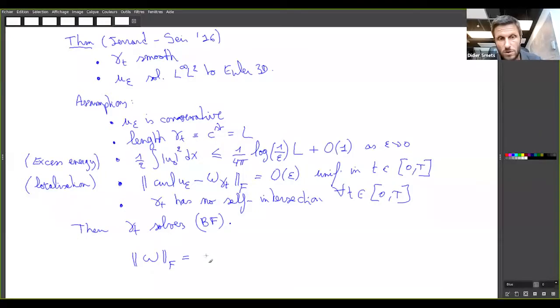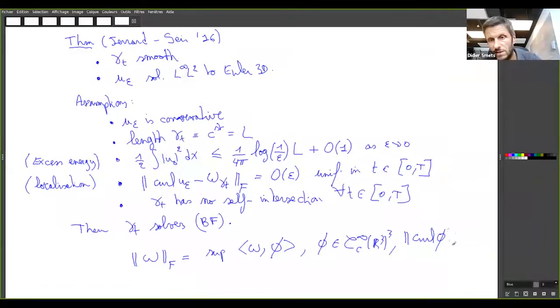So it's the supremum of omega against phi, where phi is a test vector field and the curl of phi is less than 1 in L infinity. Okay. So this is the definition.